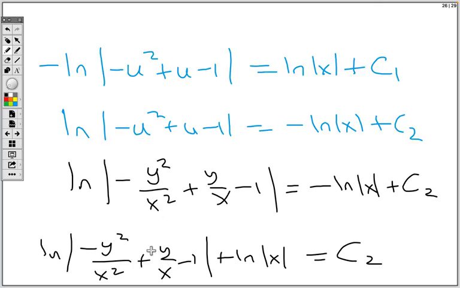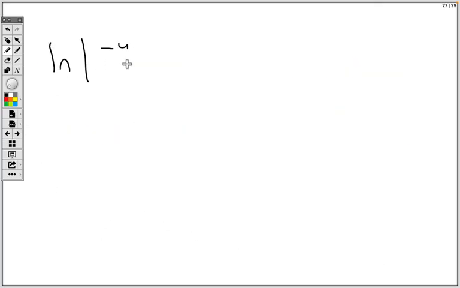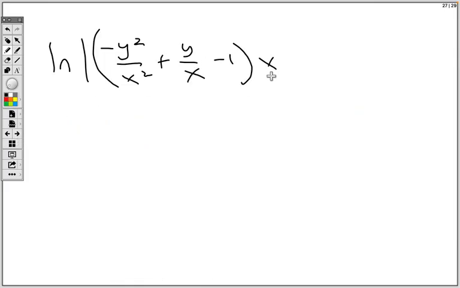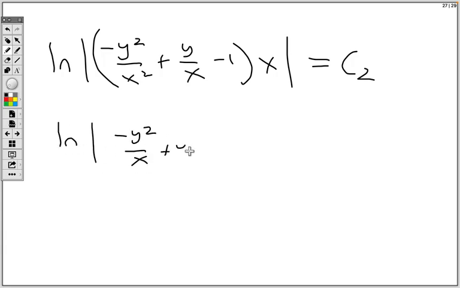So that's the same as multiplying all these together. How do I get rid of the natural log? With ease.